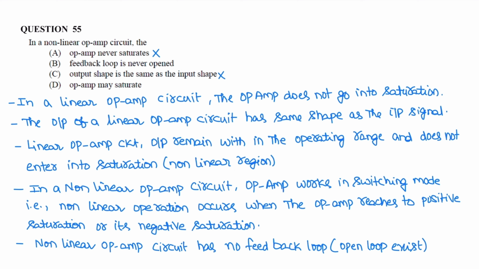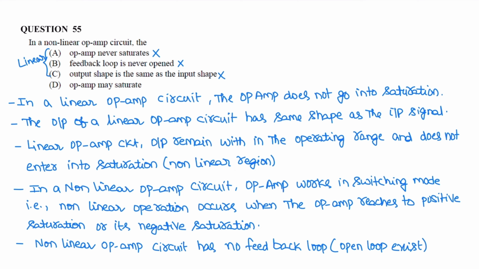Next, the feedback loop is never opened. In a linear operational amplifier circuit, the feedback loop is never opened. These three statements are related to the linear operational amplifier, but option 4 is related to the nonlinear amplifier. It may saturate. A nonlinear operational amplifier circuit works in switching mode, that is, nonlinear operation occurs when the op amp reaches either positive saturation or negative saturation.